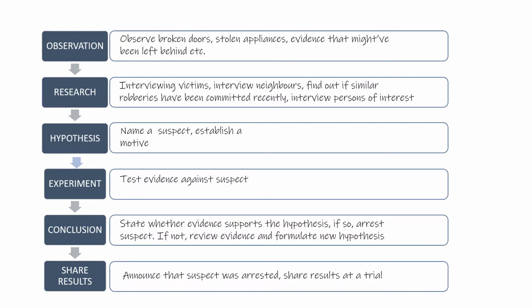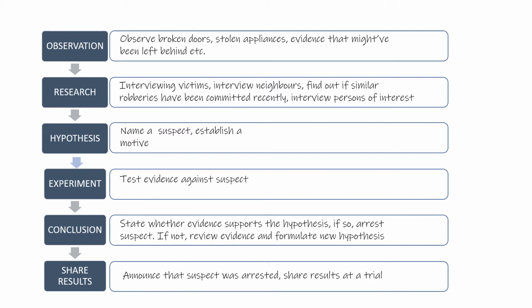Once we've gathered all our information, we have to formulate a hypothesis by naming a suspect or establishing a motive. And next, we have to test the evidence against our suspect, which will lead to a conclusion of whether the evidence supports the hypothesis.